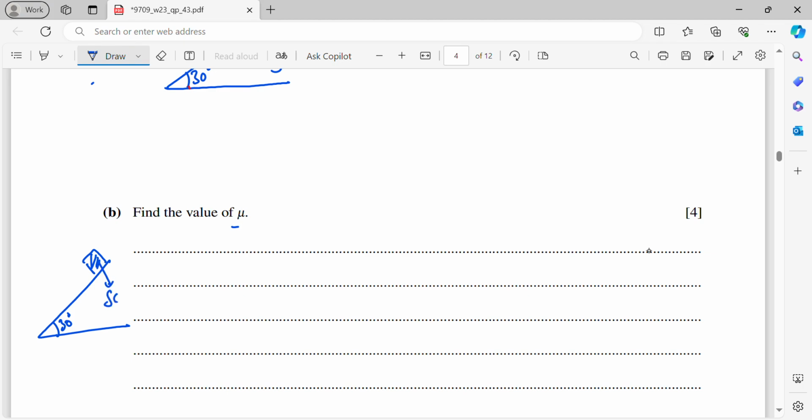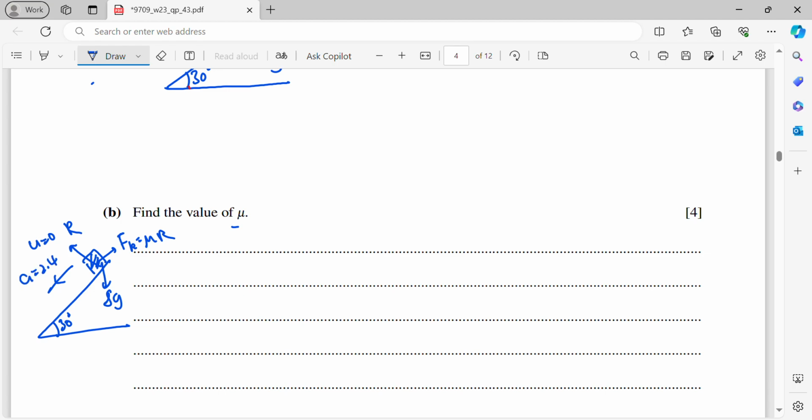Here is mg. This is the R. Okay, here is F_r equals mu R. Now u equals 0, a equals 2.4.